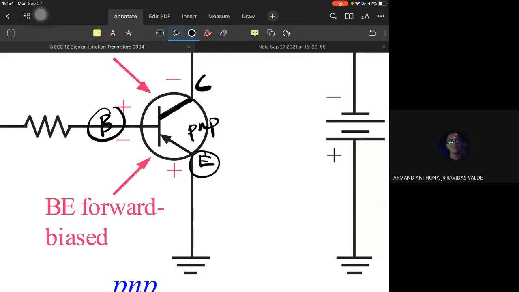And kung amplifier ni siya nga application, ang pinaka-first nga ginahimo is ginapangita if indeed naka-forward bias ang base emitter. So, for us to know if naka-forward bias si base emitter, we model this terminal right here as if naay diode. And we want this diode to be forward bias.